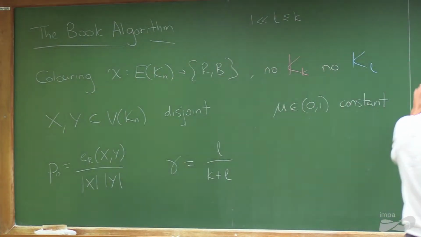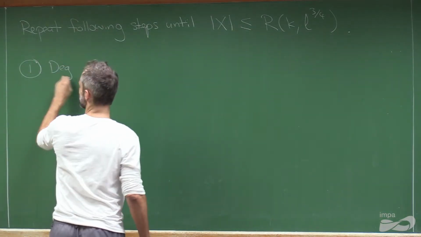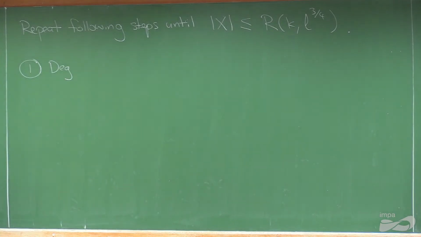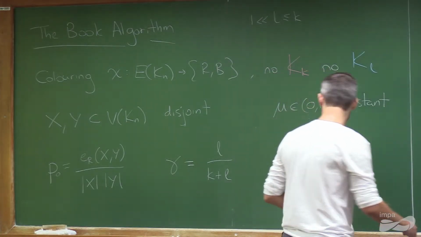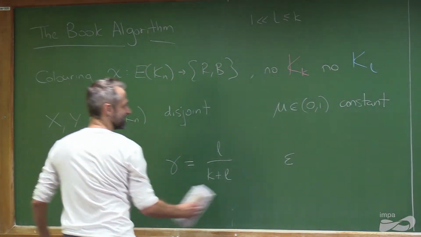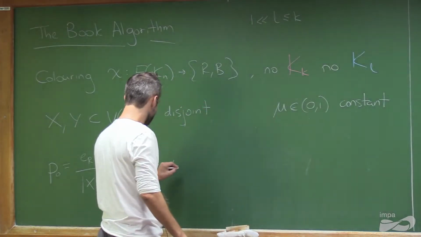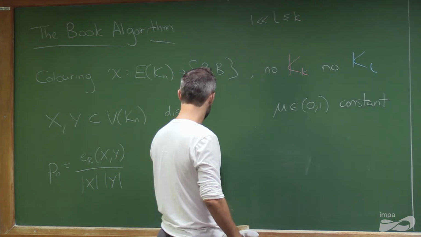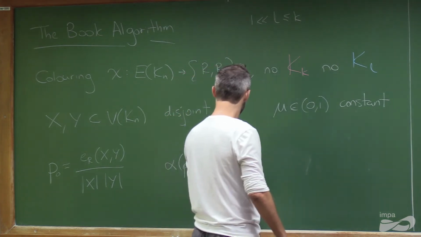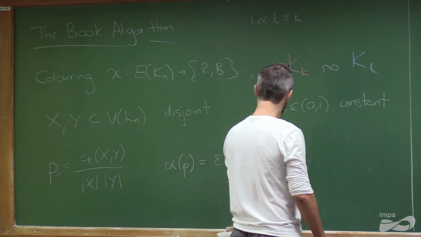Okay, so step 1 is, sorry, I'm going to introduce an epsilon. And I haven't told you what alpha is either, have I? So let me do that as well. Alpha of p is going to be epsilon (p minus p0) plus 1 over k.